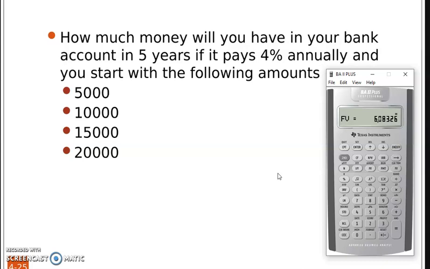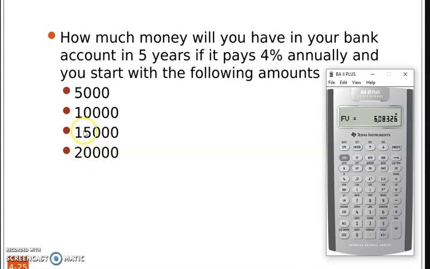Try the same problem using a positive PV and you will get a negative future value. Remember, the interpretation just indicates that if I were to invest 5,000 today into my bank account, at the end of 5 years at a 4% interest rate annually, I will be left with a future value of 6,083.26.